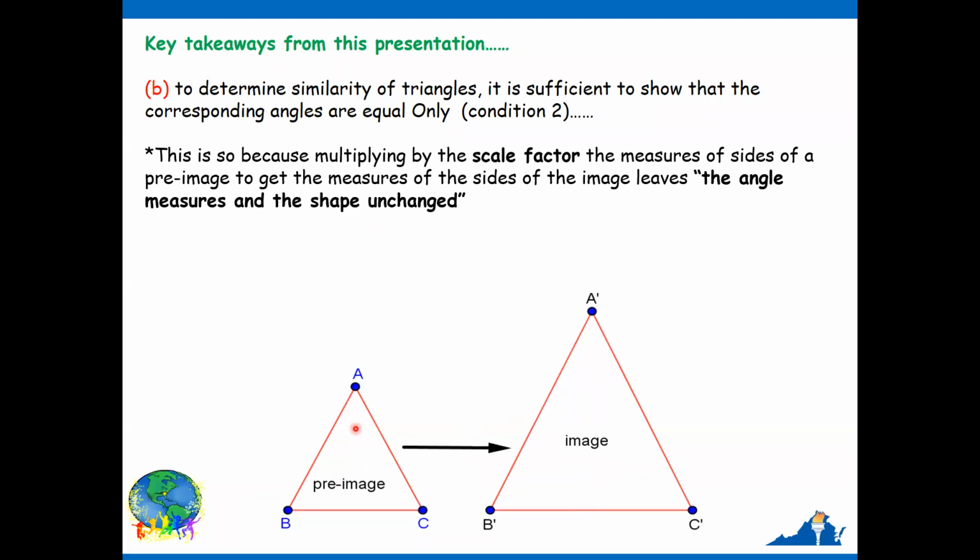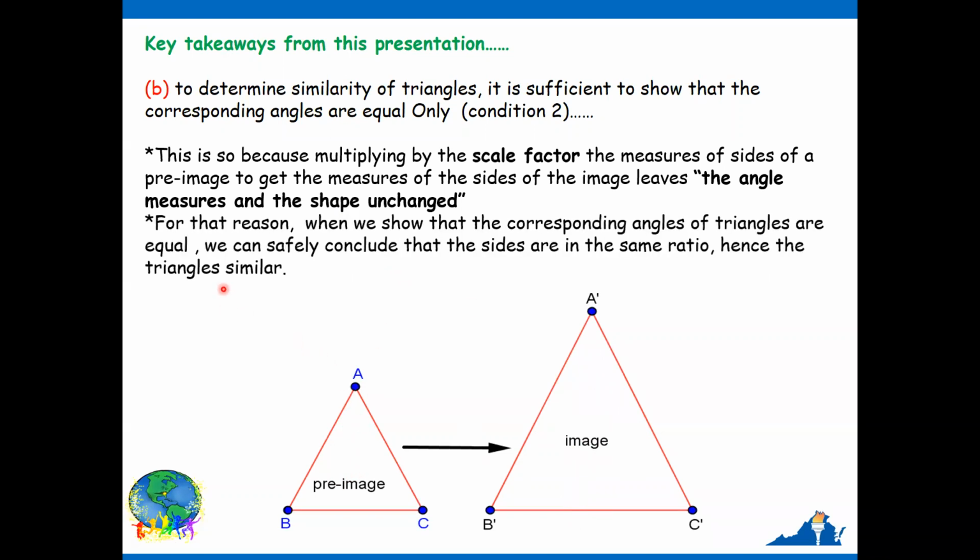If it is a triangle that is being transformed, the result is a triangle, whether bigger or smaller, but still a triangle. So for us, when we show that the corresponding angles of triangles are equal, we can safely conclude that the sides are in the same ratio, hence the triangles are similar.